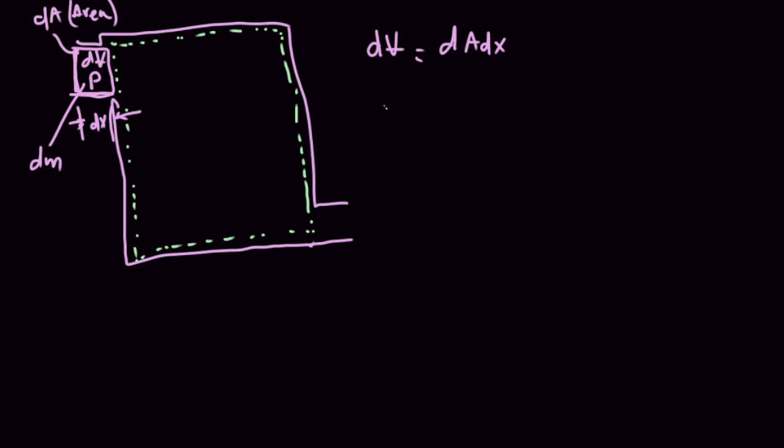Now, if we do this in rate form, we're going to say dV/dt is equal to dA dx, and now we say dt at the bottom here. So this is now in rate form. And this is basically equal now to, what is dx/dt?